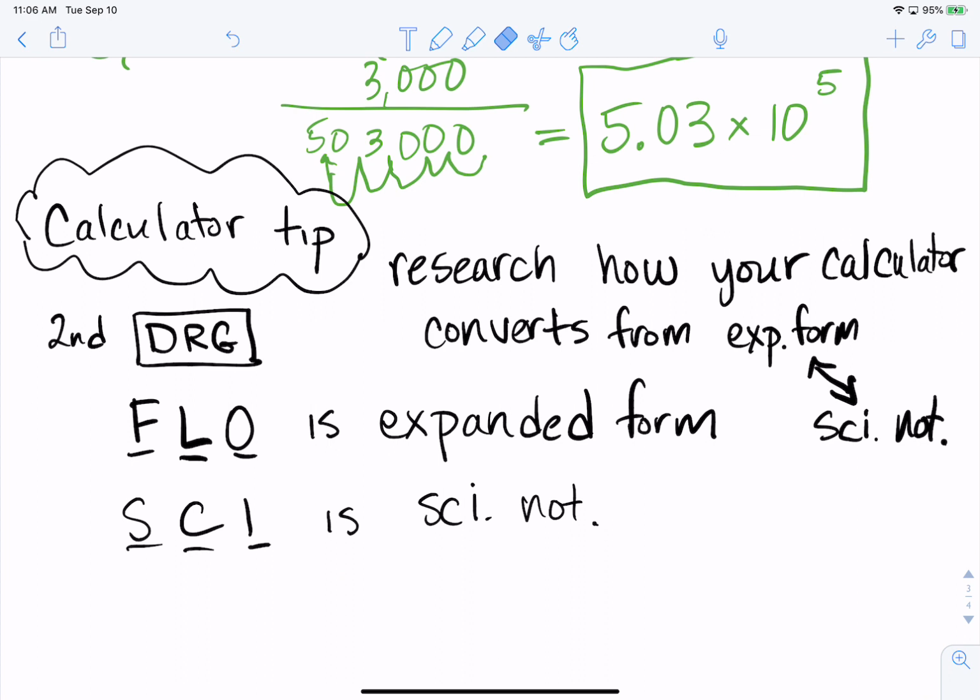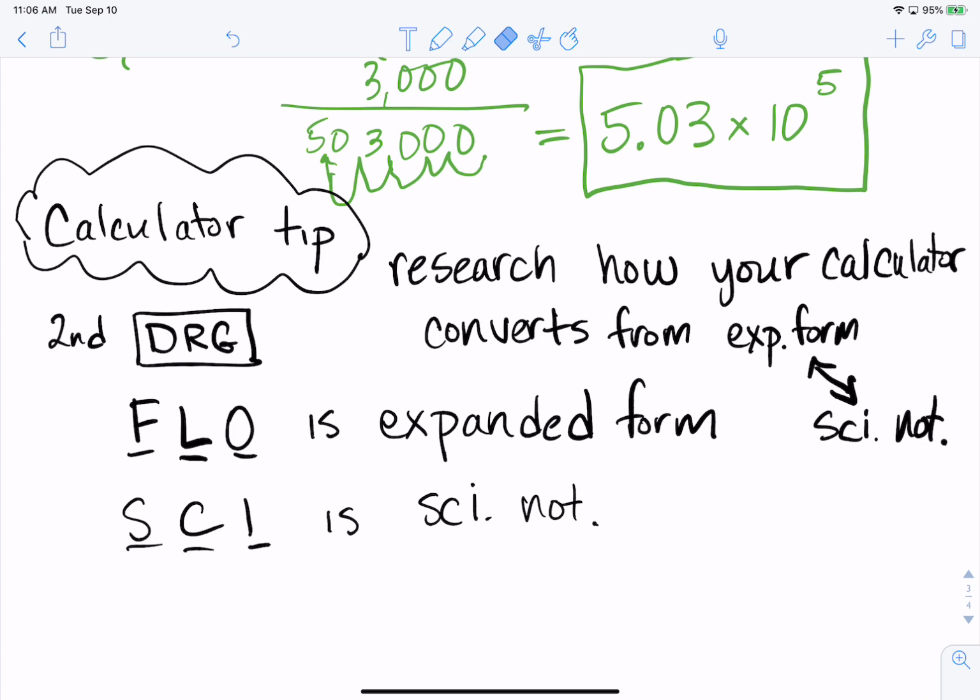On yours. Oh, so it won't convert it. Darn.